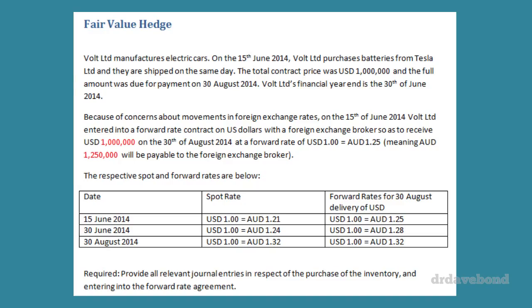We are going to receive $1 million US in the future, and we are going to pay Aussie dollars 1.25 million, and that will happen in the future as well. On the 30th of June, we're still going to receive US dollars 1 million in the future, and the payable is still AUD 1.25 million.